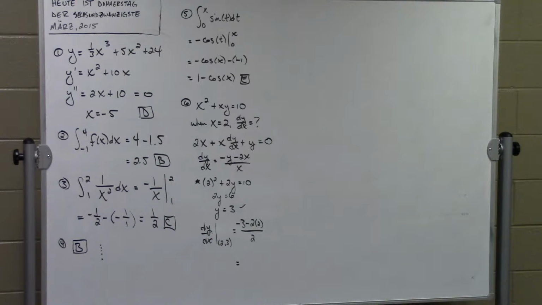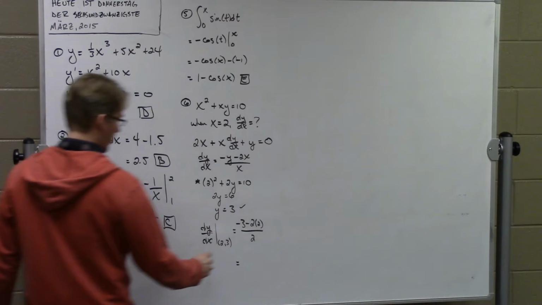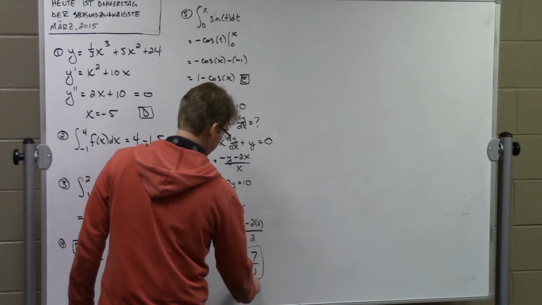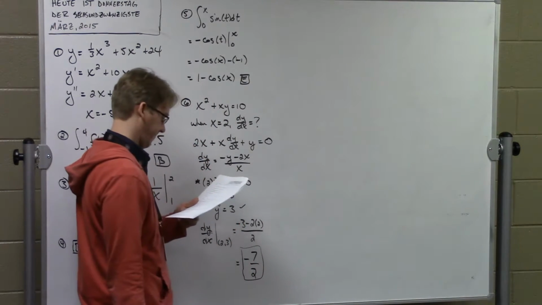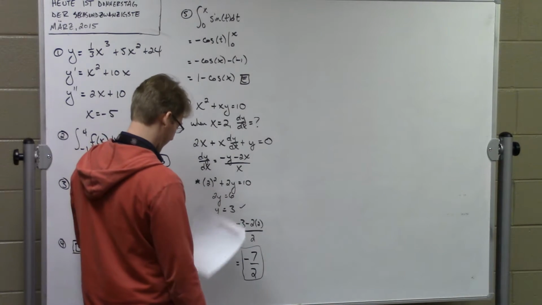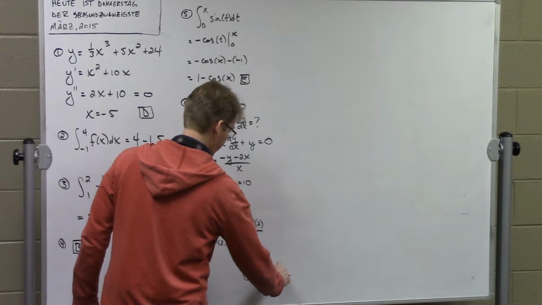Try again. Oh, wait, yeah. Negative 7 over 2, negative 7/2. Let's see if negative 1/2 is an answer. It is not, so you would have gone, whew, something must have been wrong. Yeah, I hope you would have.